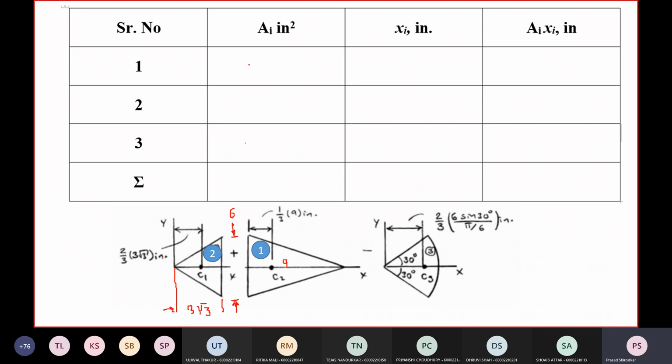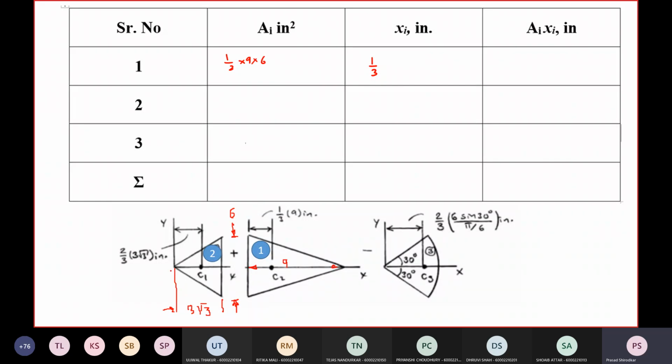So area of the first, this triangle, is half into 9 into 6. Xi will be 1/3 of 9.